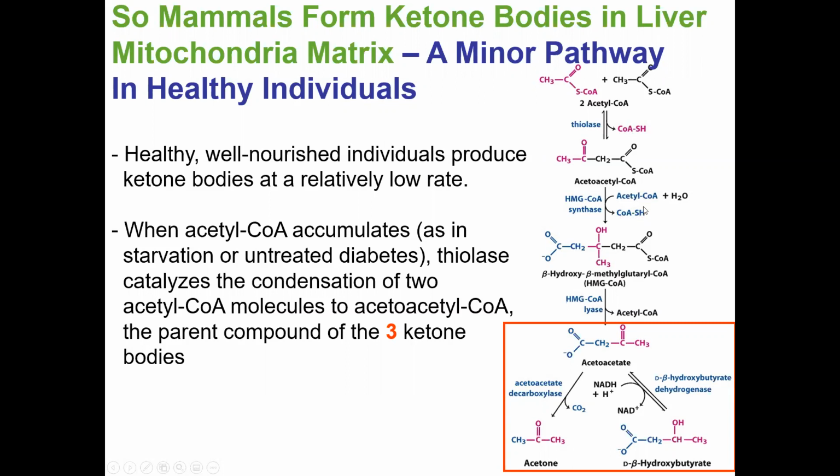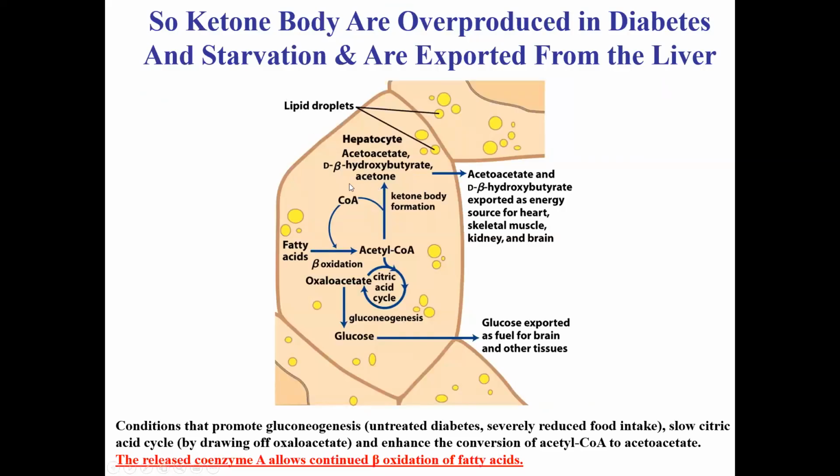You are producing coenzyme A. That coenzyme A can be utilized in the beta oxidation pathway so that you keep on generating acetyl coenzyme A, and therefore you keep on generating ketone bodies that can be exported as energy source for your brain, heart and skeletal muscles, and to some extent specialized cells of your kidneys. Cool? And so released coenzyme A allows continued beta oxidation of the fatty acids, and your ketone bodies are utilized.